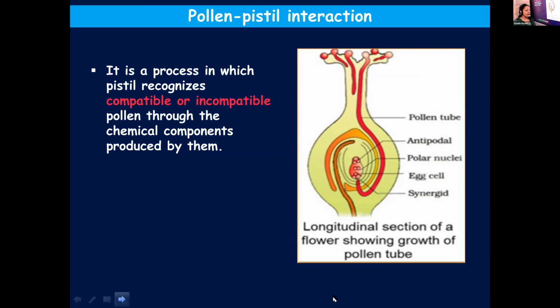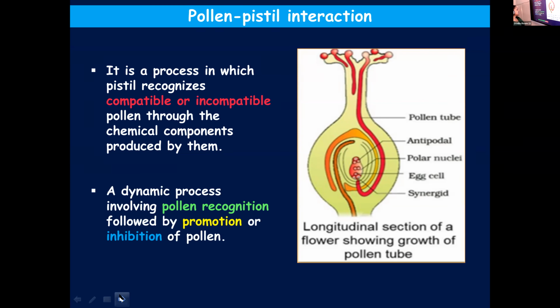Once again, pollen pistil interaction is a process by which pistil recognizes compatible and incompatible pollen through the chemical components produced by them. It's a dynamic process involving pollen recognition followed by pollen promotion or inhibition.